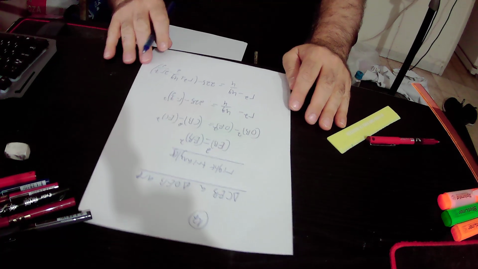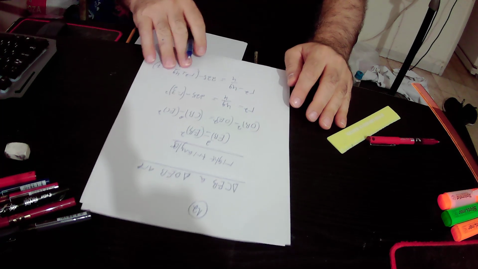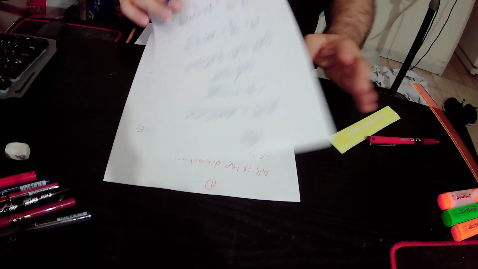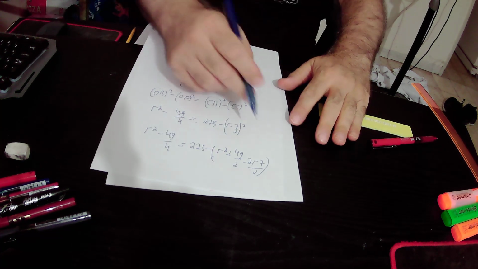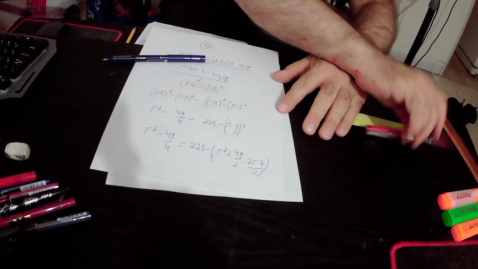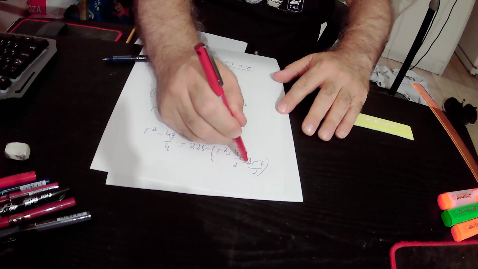Here 2 over 2 is 1, so the 2 is cancelled.